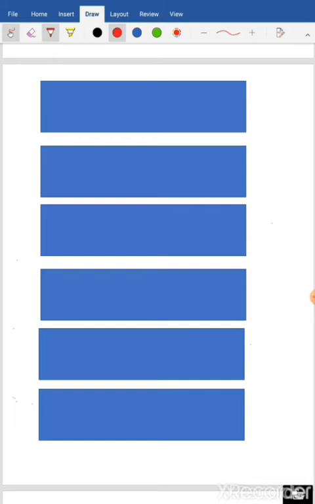I will be making a flow chart to show the different segments or activities that take place before the power reaches us. So the first rectangular box is our power station, and this is us, the consumer, meaning the one who is using the current.